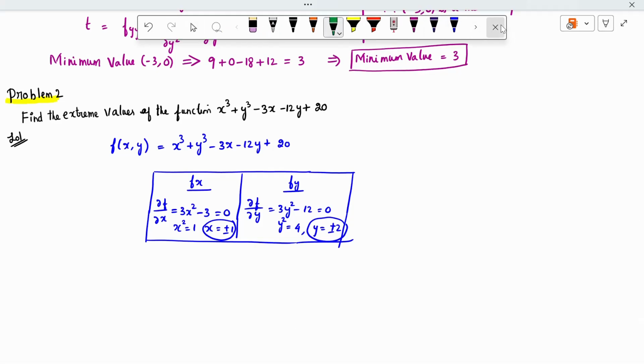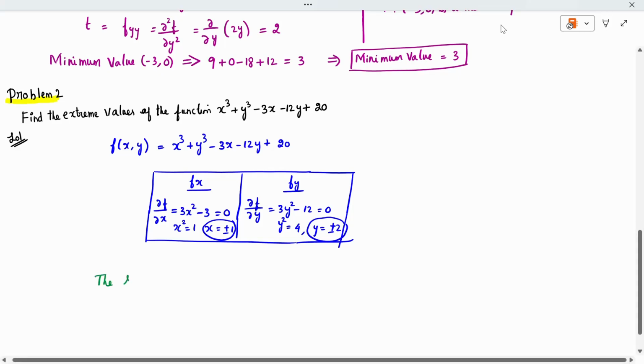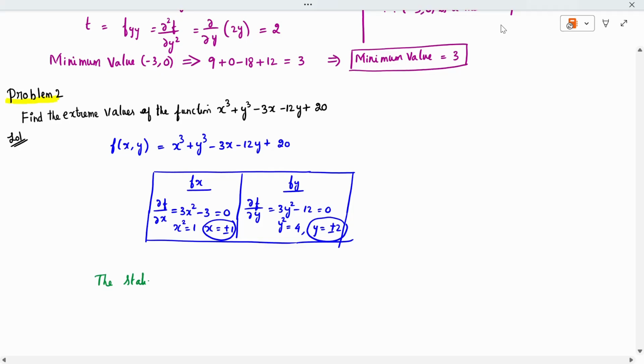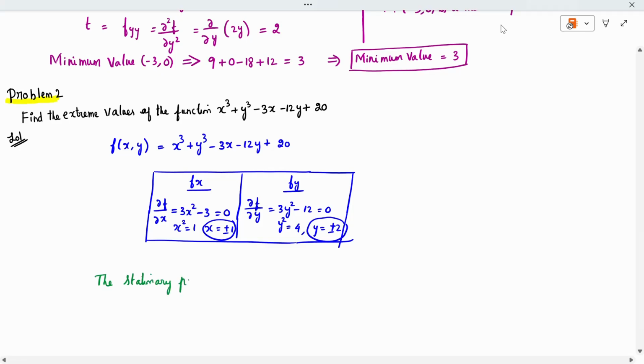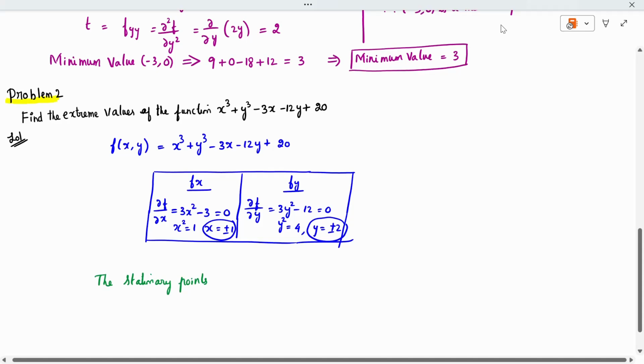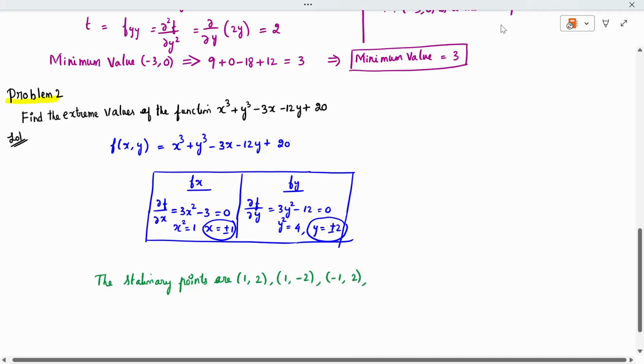I will show you. The stationary points are 1 comma 2, 1 comma minus 2, minus 1 comma 2, and minus 1 comma minus 2.